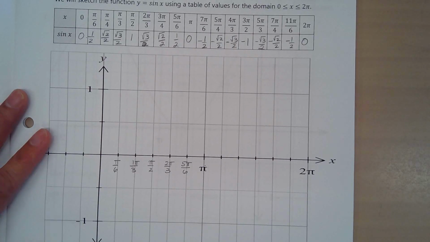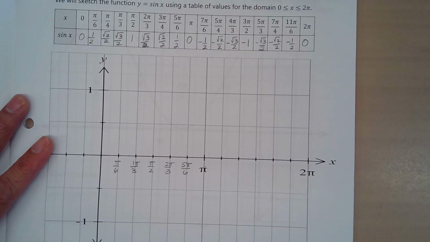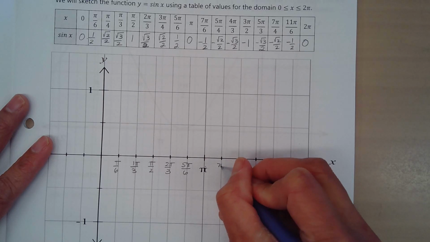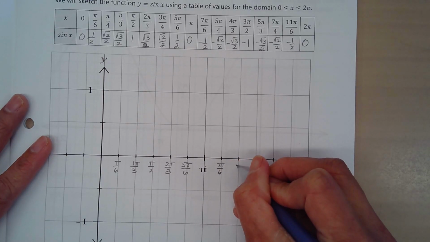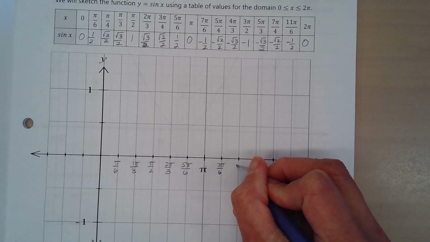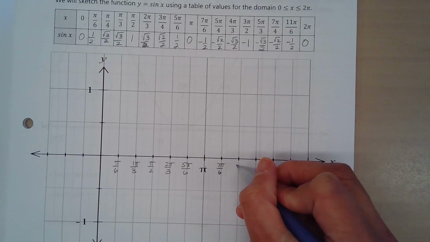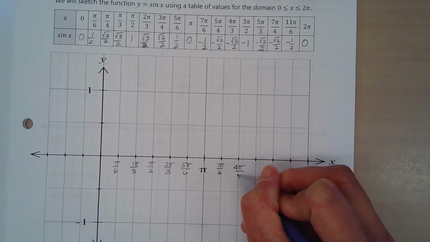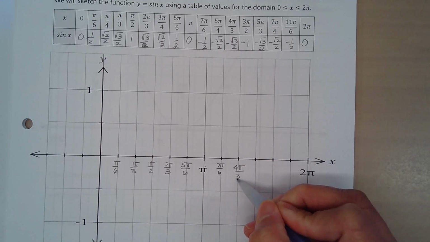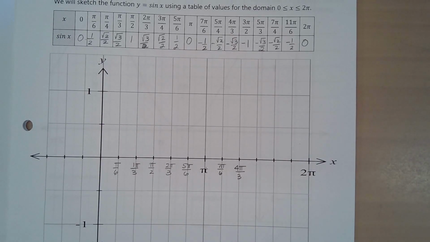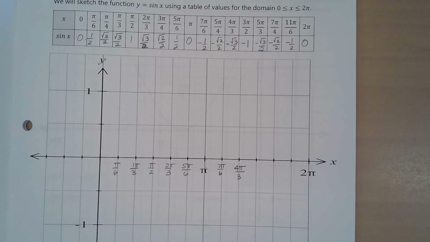This one would be 7 pi over 6. This is 8 pi over 6, which we can reduce by dividing by 2.